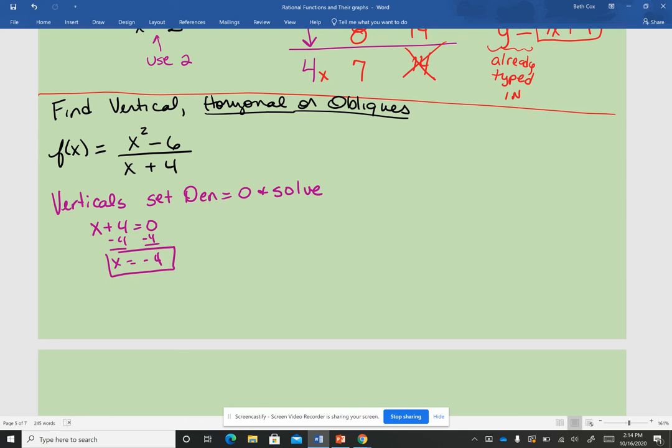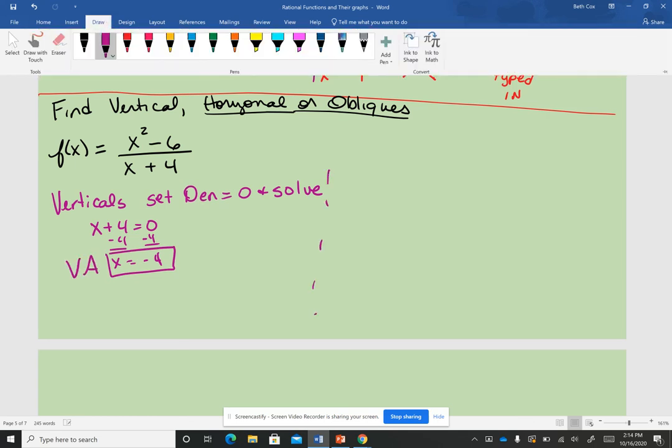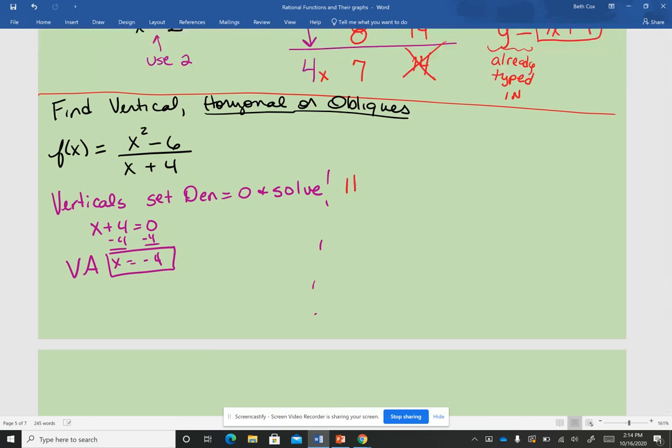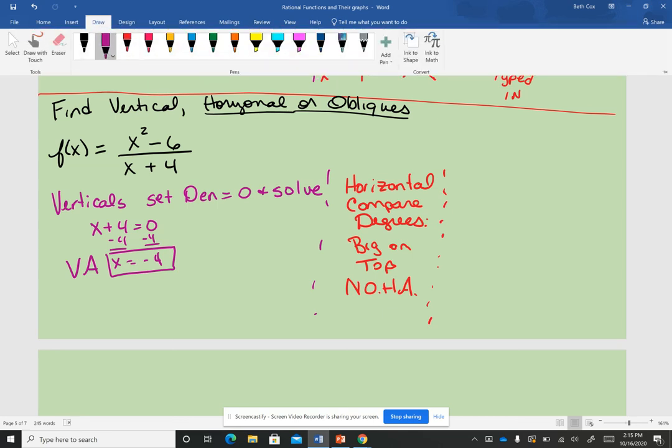X equals negative 4 is my vertical asymptote. Horizontal. Compare the degrees. It's big on top. No horizontal asymptote. None. Okay. All right. Might have a slant.